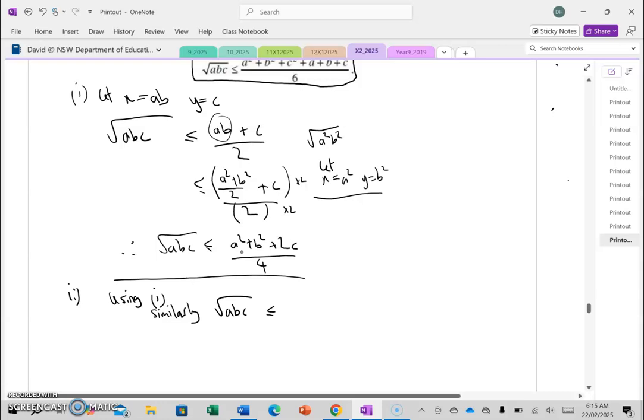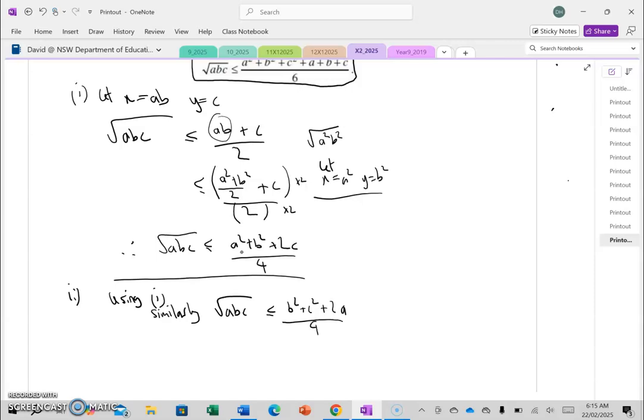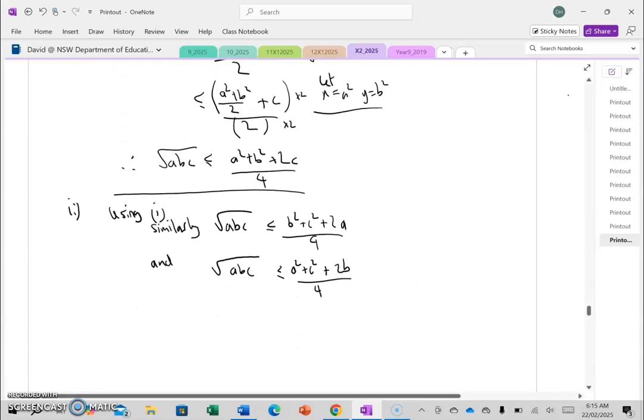So let's go (B squared plus C squared plus 2A) on 4, and square root ABC is less than or equal to, and now we're going to switch what's at the back. We haven't had to go with 2B at the back, which means it's (A squared plus C squared plus 2B) on 4.